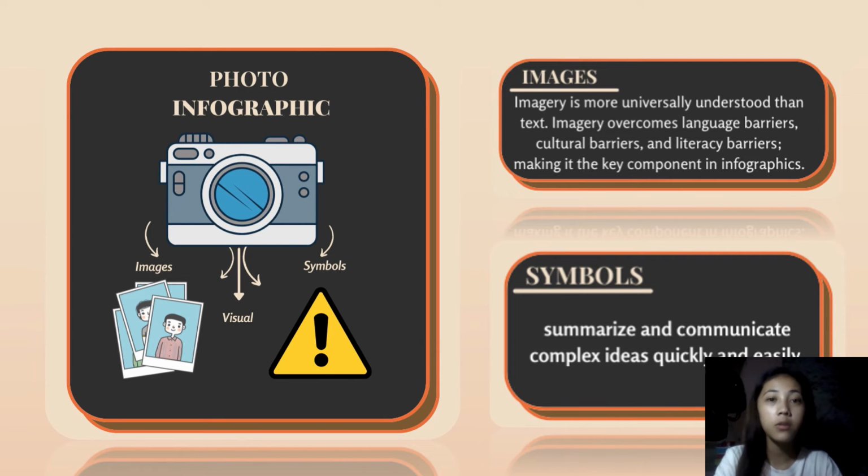Kumbaga, isa lang katudog sa viewers or sa audience sa muna symbol, agad-agad gets na nila kung ano ina. Like, for example, a shopping cart. Well, shopping cart means online shopping or online selling, right? So, strategically, taking large amounts of text and converting them into easy-to-tackle sections is the most important role of symbols in infographic design.